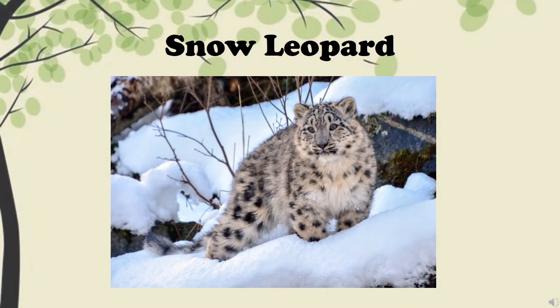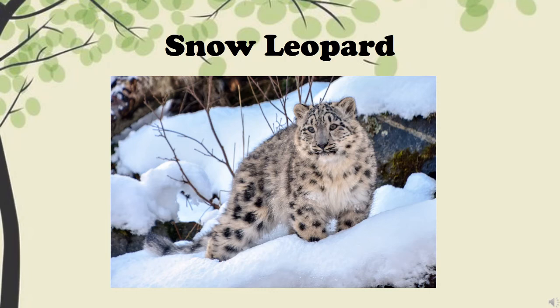This is snow leopard. Snow leopards live in the mountainous regions of Central and Southern Asia, and in India their geographical range encompasses a large part of the Western Himalayas, including the states of Jammu and Kashmir, Himachal Pradesh, Uttarakhand, Sikkim and Arunachal Pradesh in the Eastern Himalayas. In 2015, 7,910 leopards were estimated to live in and around tiger habitat in India.